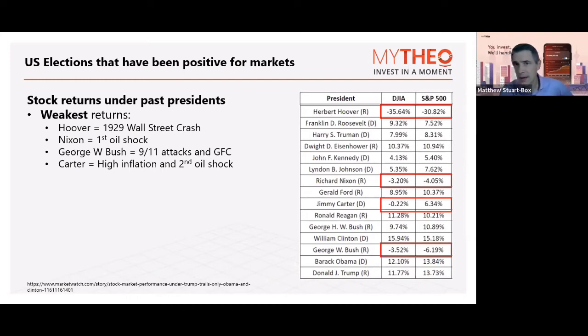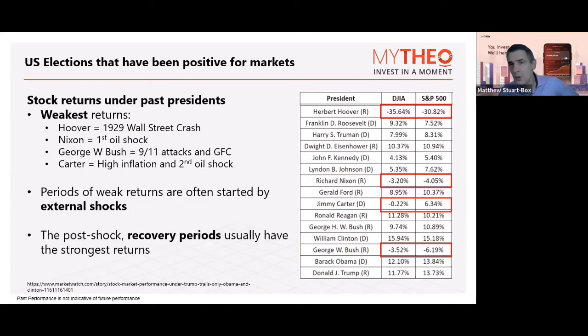Naturally, they have tended to have the weakest returns. But then it's the presidents who come after them who tend to reap the benefit of this rebound. And so you can see in the case of Jimmy Carter, poor returns during his period, but in particular, Ronald Reagan gained the benefit of the rebound after that with strong returns.